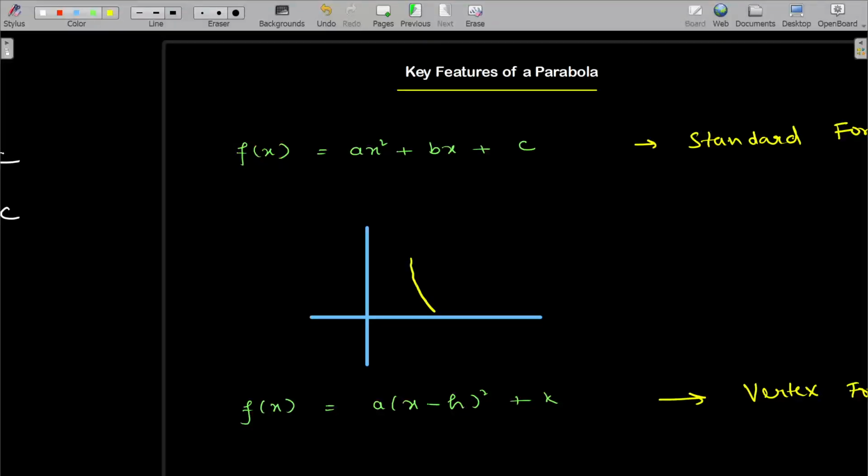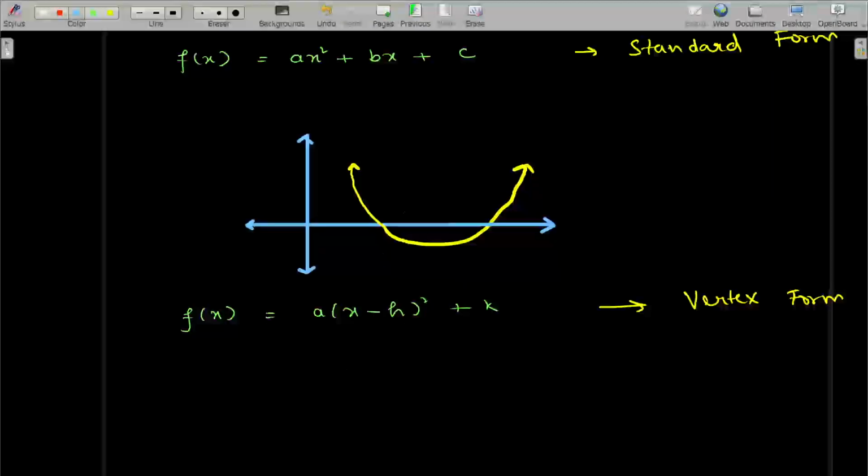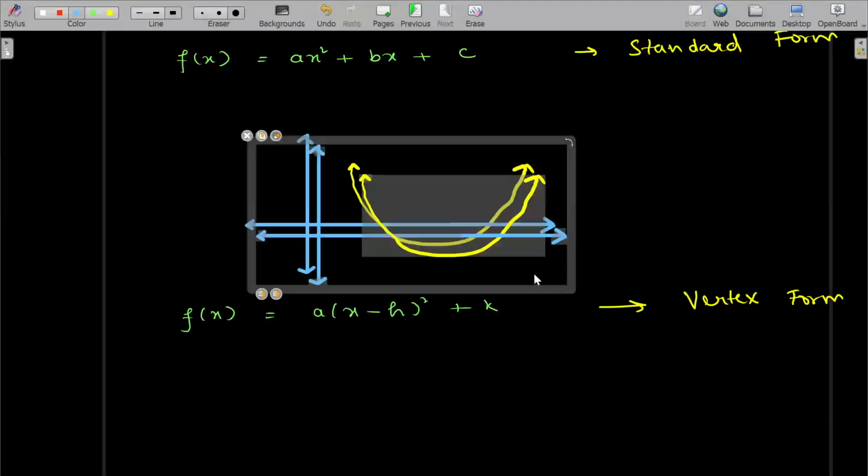This is the parabola. We'll try to find out everything for this parabola. I'm also going to copy this for all the three cases.